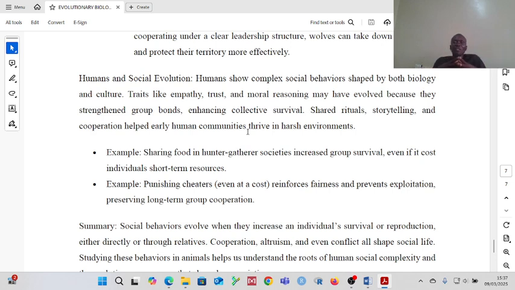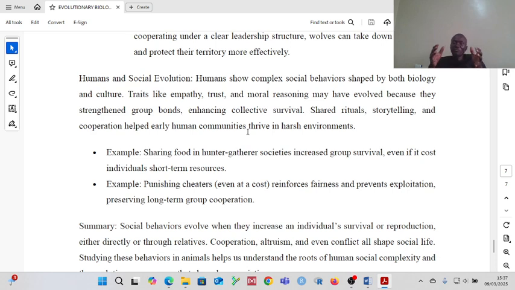So once the group feels like it's not being exploited, then in the long term, they can feel the need to even stay together more. Okay, so that's why we are saying punishing cheaters will reinforce fairness, it will prevent exploitation, and it will preserve long-term group cooperation.